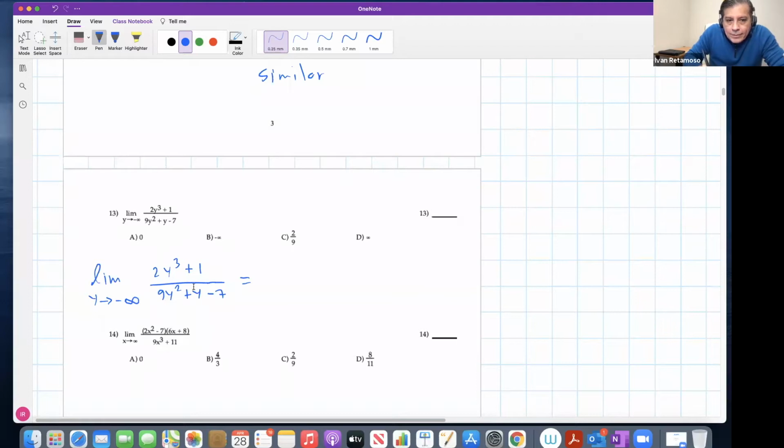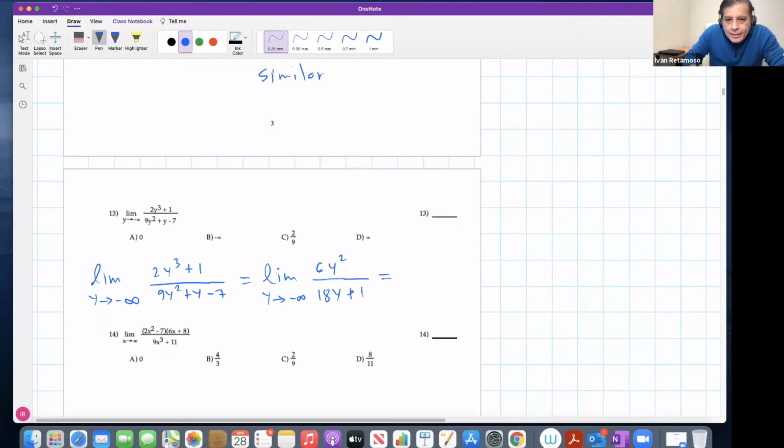For L'Hopital's rule, you take the derivative and you're going to get the following. Derivative of the numerator is 6y squared, derivative of the denominator 18y plus 1, and this limit is telling us that y is approaching negative infinity.